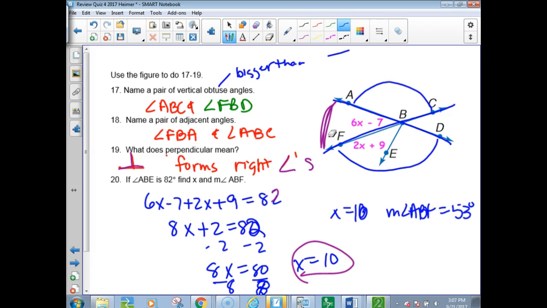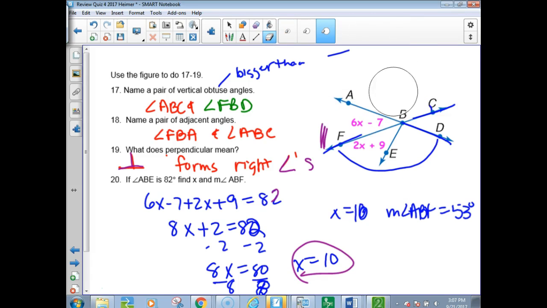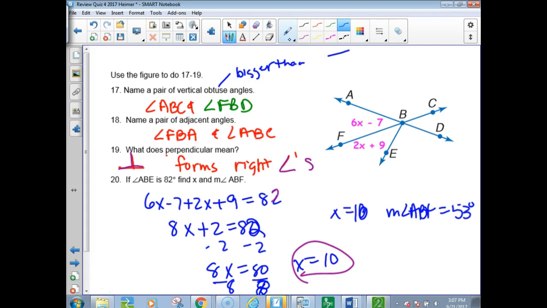But if I want obtuse, I'm going to erase the picture because I want to show you where I got my answers. And I went like this. I said, okay, I need some fat angles, and they also have to be made by lines that cross. So I thought, okay, what do I got? I got fat angles up here. I got a line that goes across like that and a line that goes across like that.